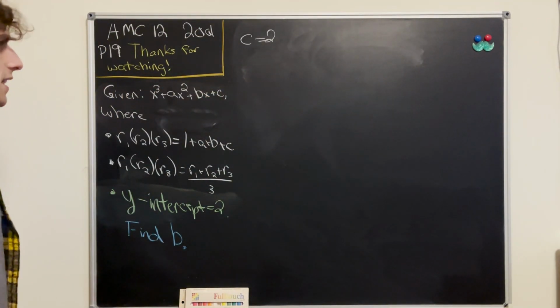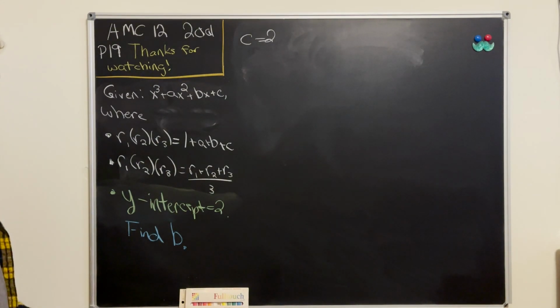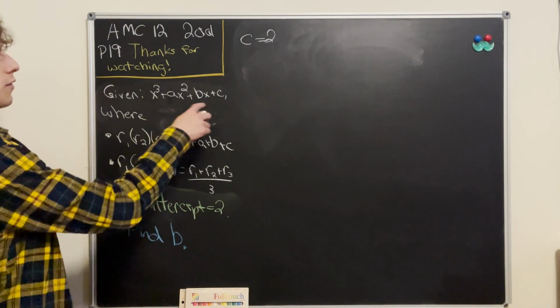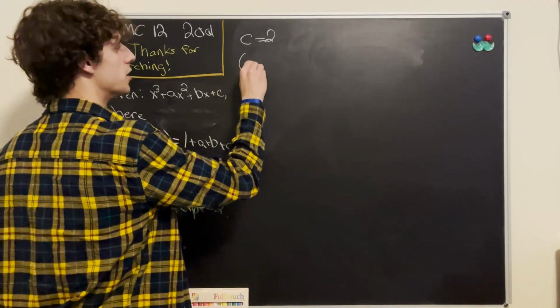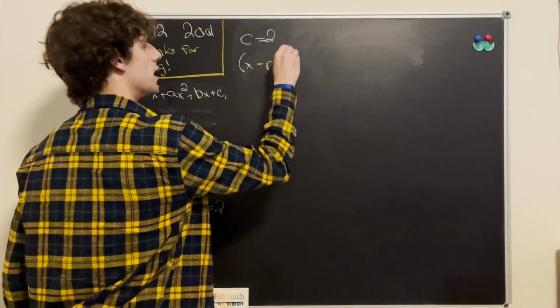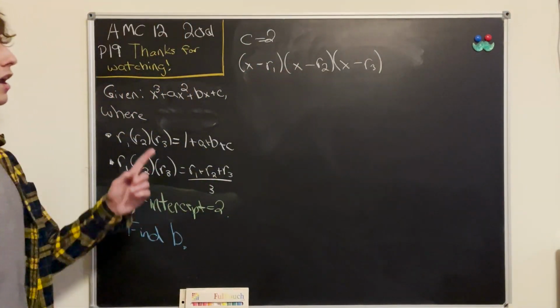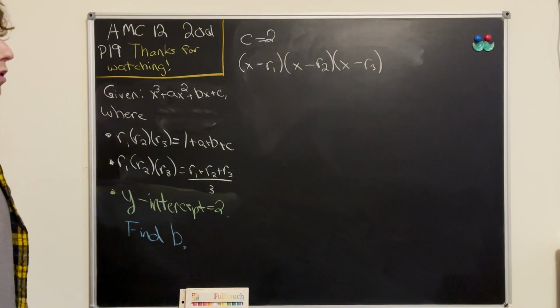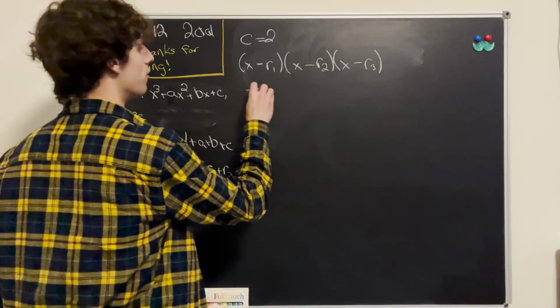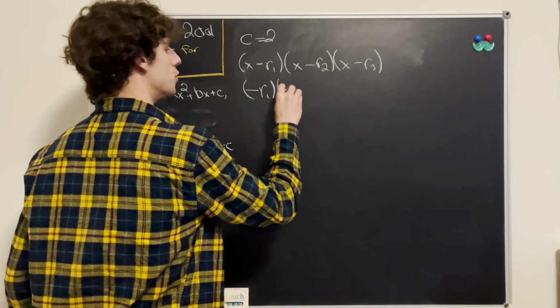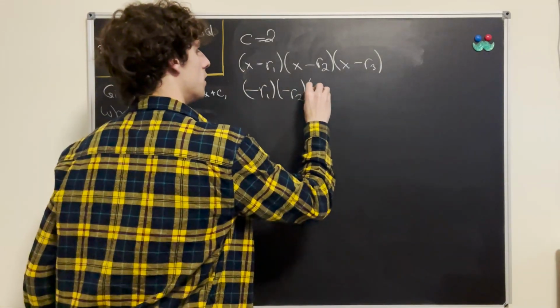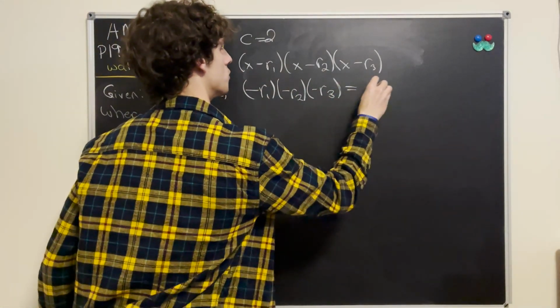Okay, so we know that c is equal to 2, but we also have a couple more facts that we can work with. First of all, if we break this polynomial into its roots and write it as follows, we know that r1 times r2 times r3, or I guess I should say negative r1 times negative r2 times negative r3 is equal to c.